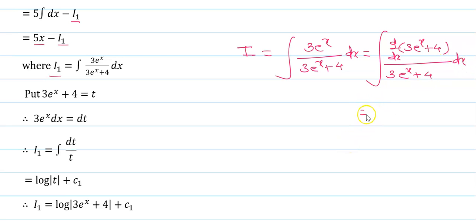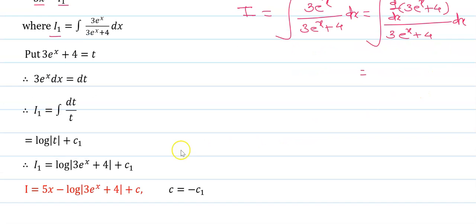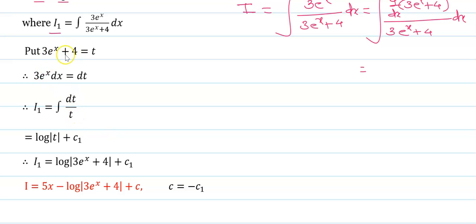Now this is nothing but the f dash and this is the f of x, and hence its integral is log, or you can take the substitution, put 3 e raised to x plus 4 as t. The derivative of 3 e raised to x into dx is equal to dt, that is 3 e raised to x into dx is dt. Therefore, I1 is equal to the integral of dt upon t. Its integral is log of mod t plus c1, and hence I1 is equal to log of mod of 3 e raised to x plus 4 plus c1.